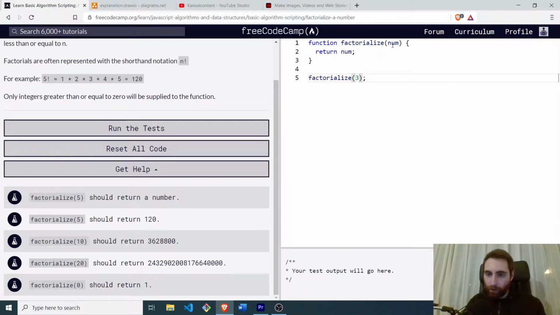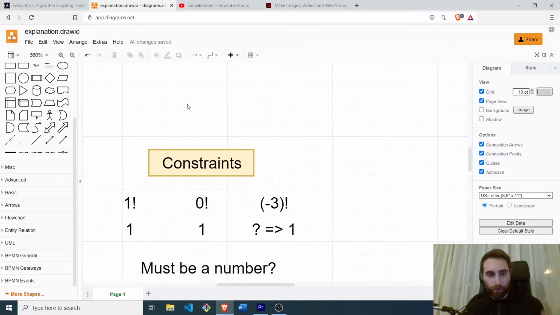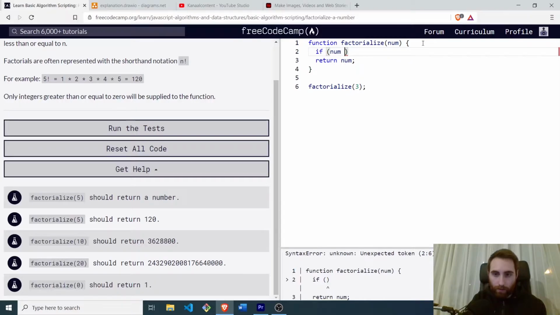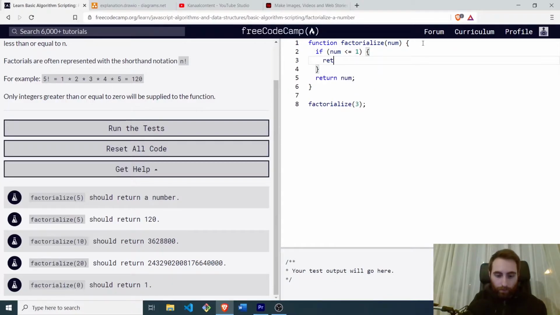We have the function factorialize now. And I would say we could begin with the constraints first, right? So everything that is below or equal to 1 should return 1.